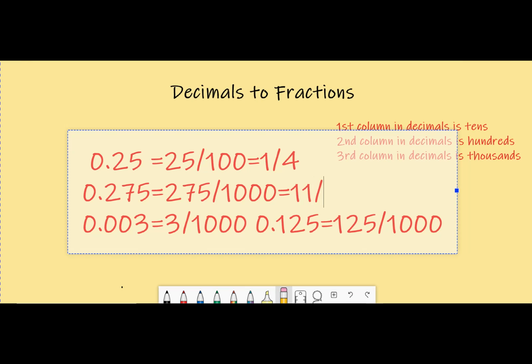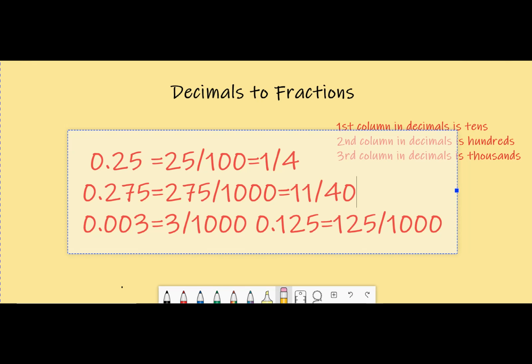So it's 11 divided by 1,000 divided by 25. 25 into 100, 4 times, and we just carry the 0. So it's 40, 11 40ths. So 0.275 is 11 40ths.